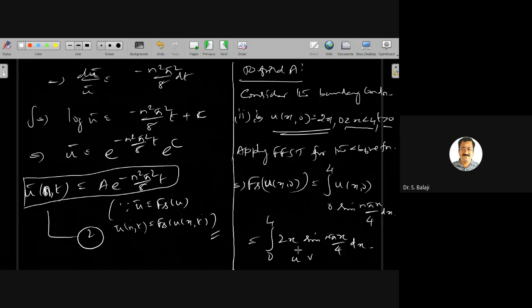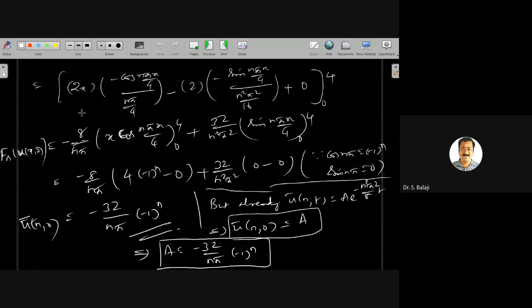Now integrate this one with the help of Bernoulli's formula. Applying Bernoulli's formula, u is 2x, v1 is sin n pi x by 4. Integration is minus cos n pi x by 4 over n pi by 4. Minus formula minus. And the differentiation of this one is 2.